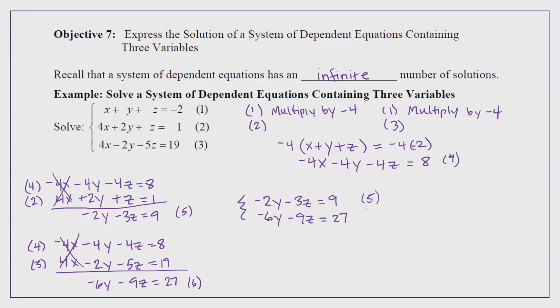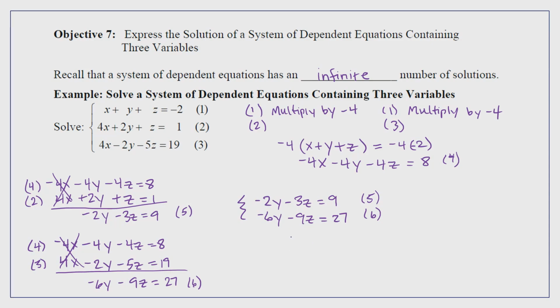So that's equation 5 and 6. I am going to now eliminate the y term or variable. There we go. I was looking for the word. I'm going to eliminate the y variable.